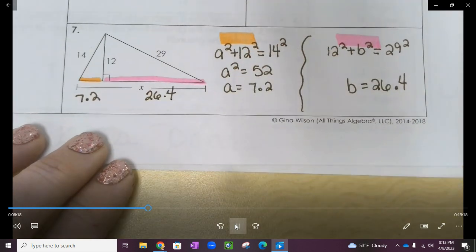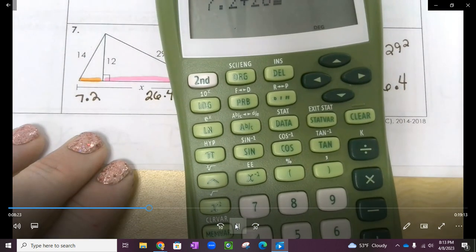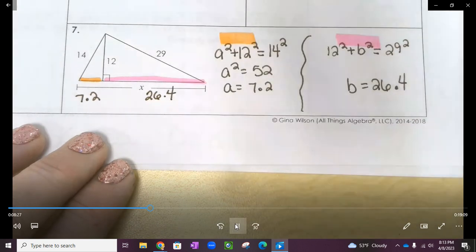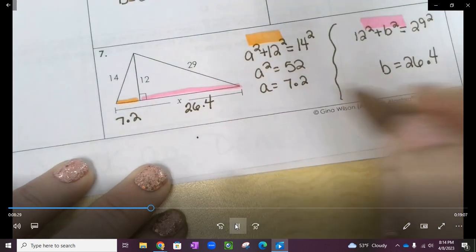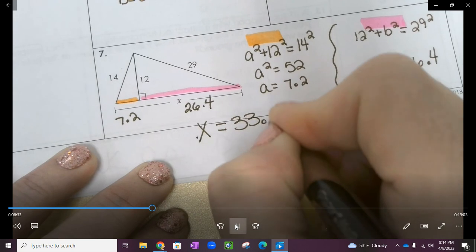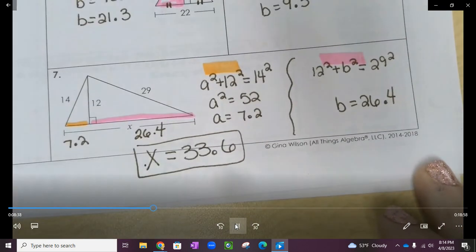And then to get our final answer, we would add those together, 7.2 plus 26.4, 33.6 would be the answer. Okay, there's nothing in that problem that's too difficult for you to be able to get. Okay, turn the page.